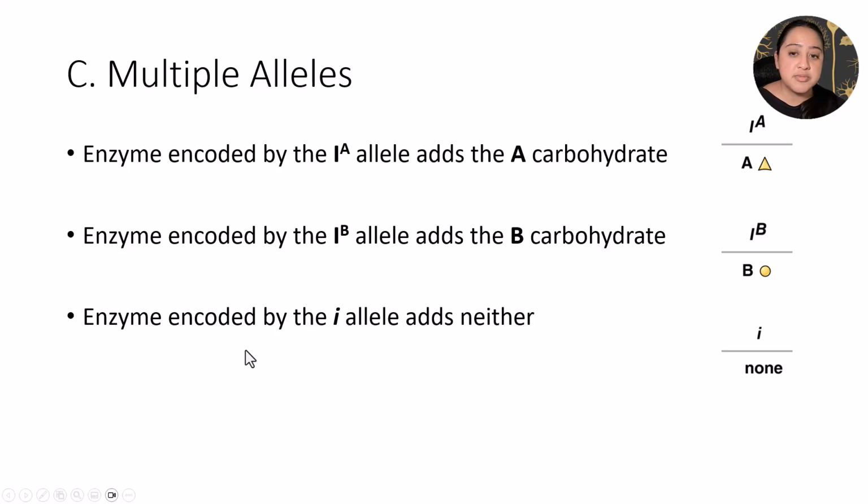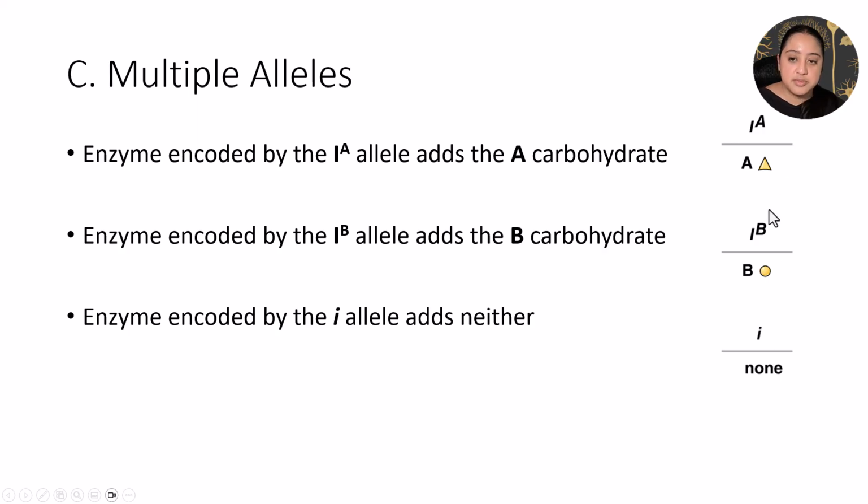So the enzyme that is coded for by the IA allele adds the A carbohydrate to the surface of your red blood cells. The enzyme that's coded by the IB allele adds the B carbohydrate. So this could be on the surface of your red blood cells, or this allele adds neither.